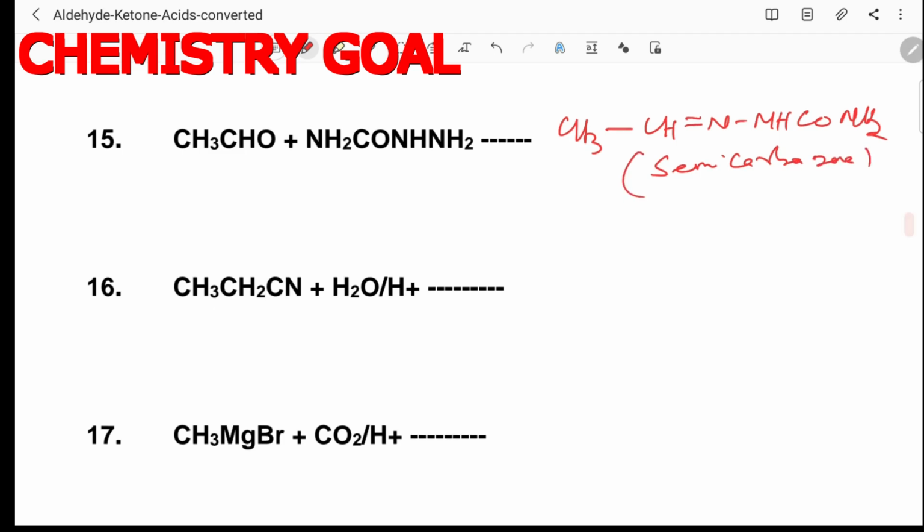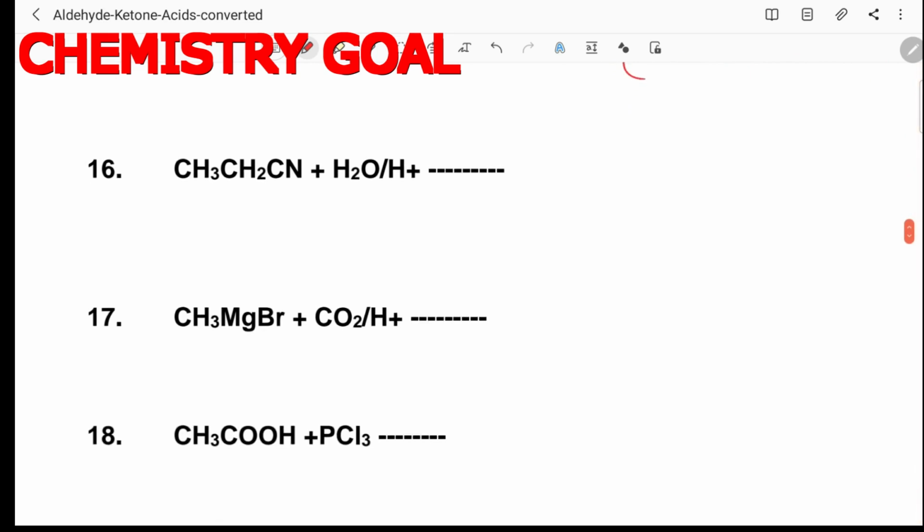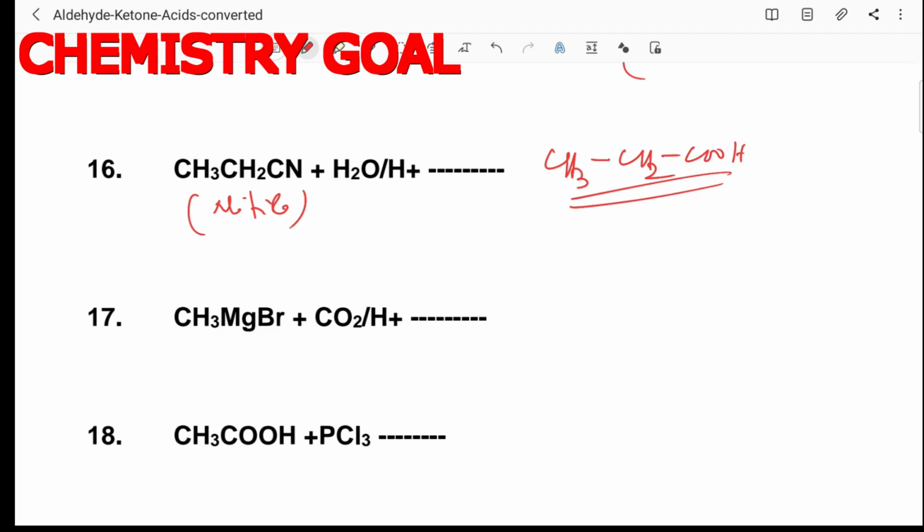Then 16 is very important, that is cyanide, nitrile. This is called nitrile. Nitrile on hydrolysis in presence of acid always produces acid. CH3CH2CN becomes COOH, the main product. On hydrolysis, cyanide becomes acid. So cyanide, nitrile on hydrolysis corresponds to carboxylic acid.